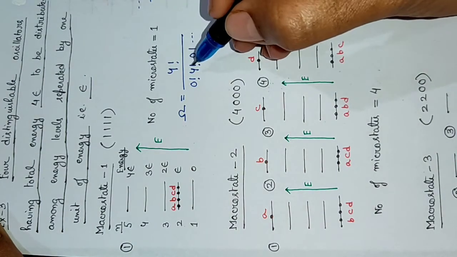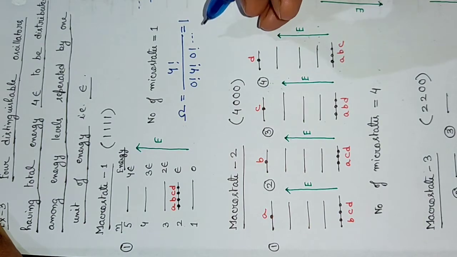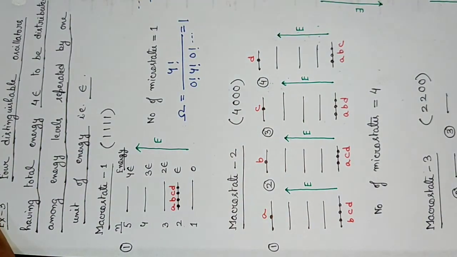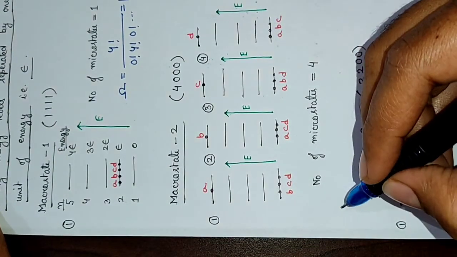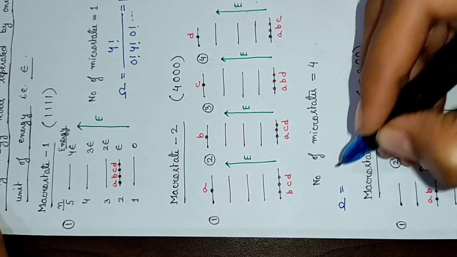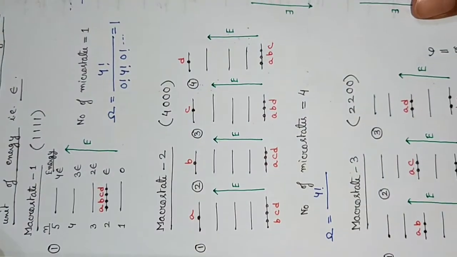So this 4 factorial and 4 factorial will cancel out and it will give us 1. So it is matching.